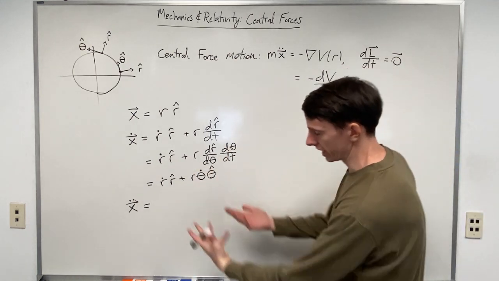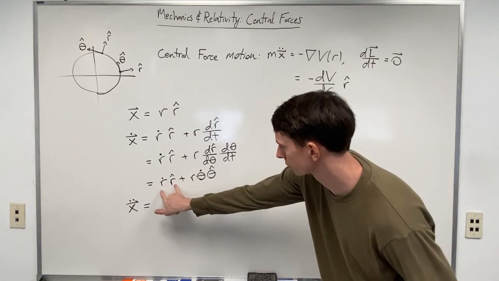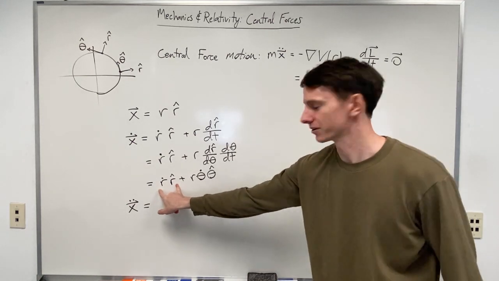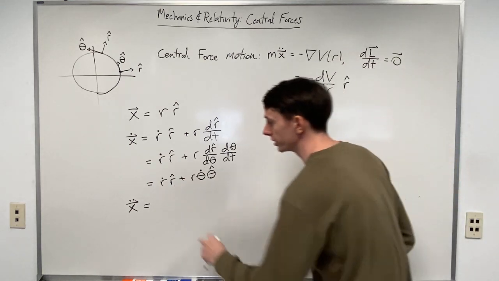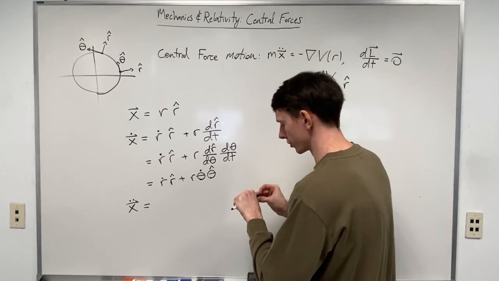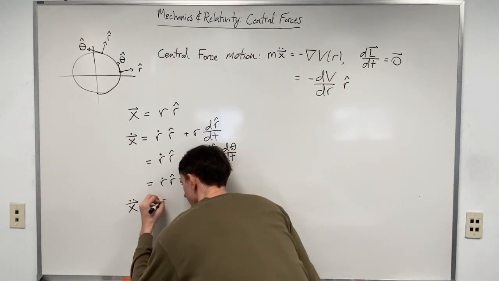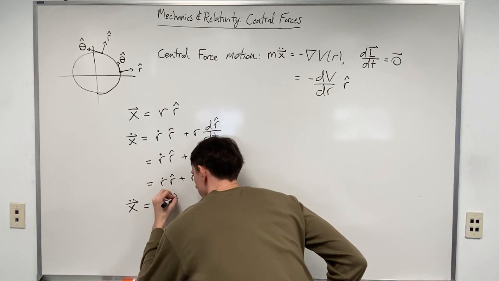Now, taking the time derivative is just going one term at a time. We're going to start with the time derivative of this thing right here, which itself is a product of two time-dependent quantities. So we need to apply product rule here. First term in the derivative is just r double dot times r hat, keeping r hat fixed.